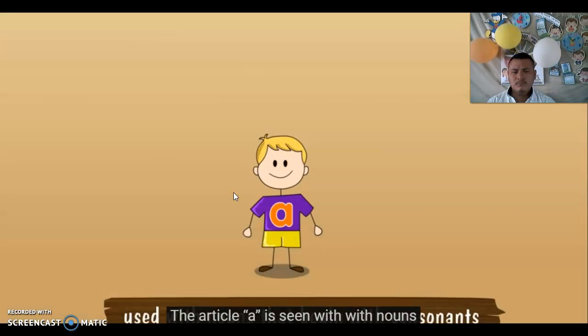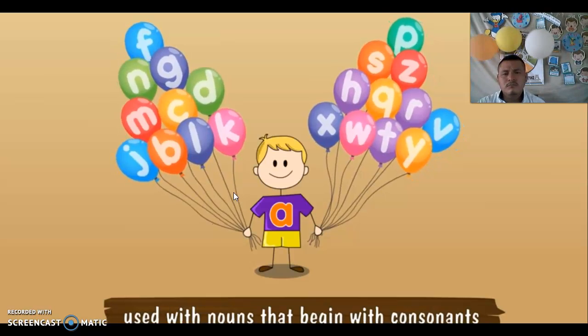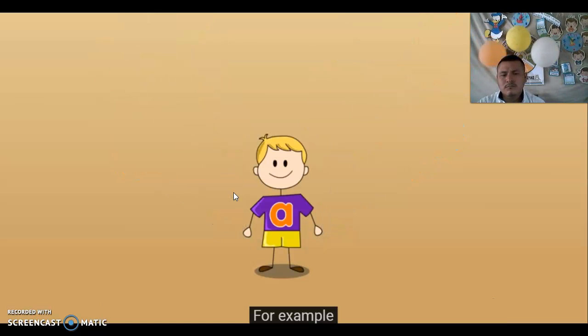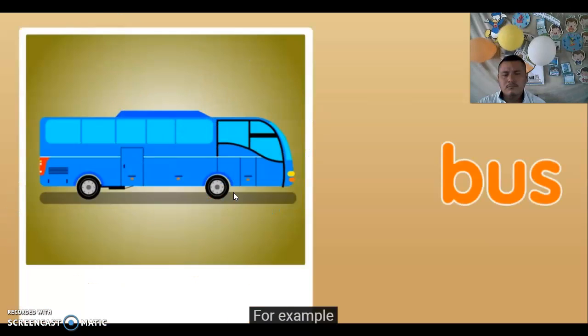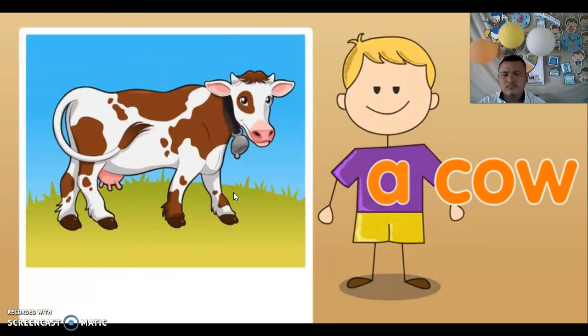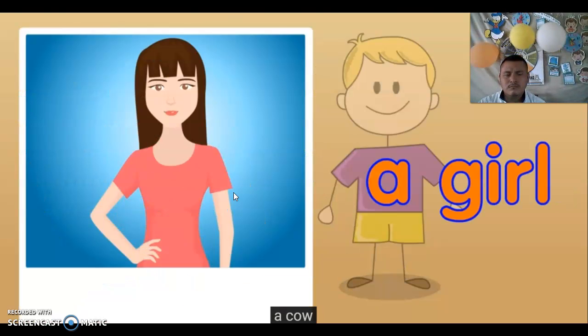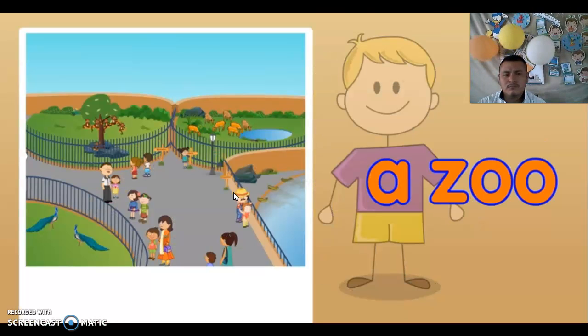The article a is seen with nouns that begin with consonants. For example, a bus, a cow, a girl, a zoo.